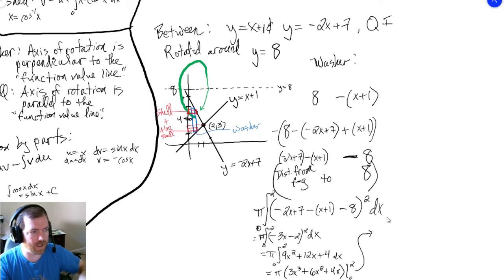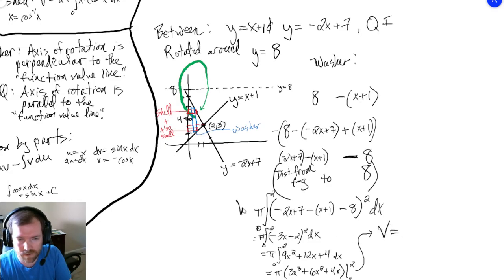So the zeros are all going to cancel out, become 0. We'll just ignore it. Volume here is going to be equal to 2 cubed is going to be 8 times 3 is 24 times pi, so 24 pi minus 0 plus 6 times 2 squared is 4, so 6 times 4 is 24 pi plus 4 times 2 is going to be 8 pi.